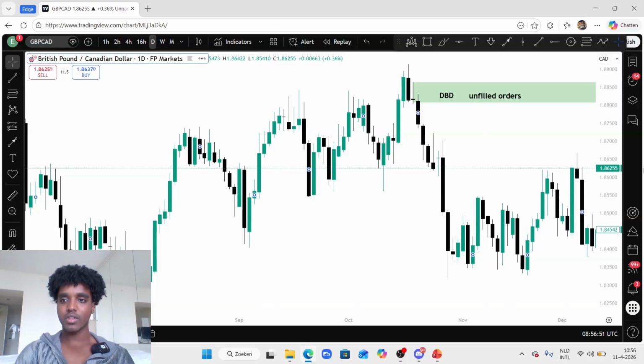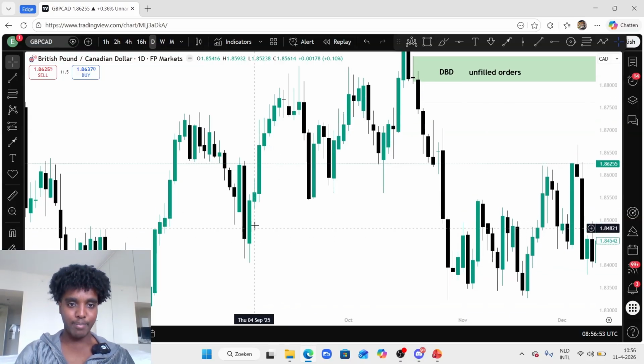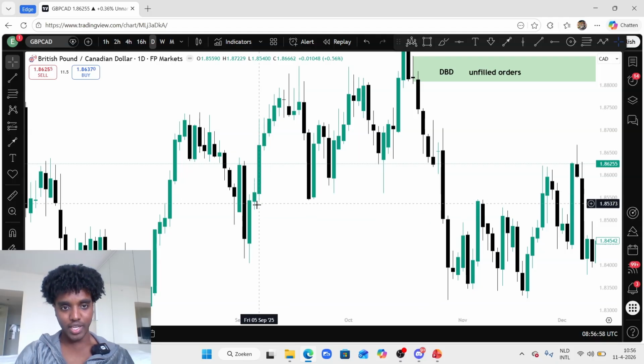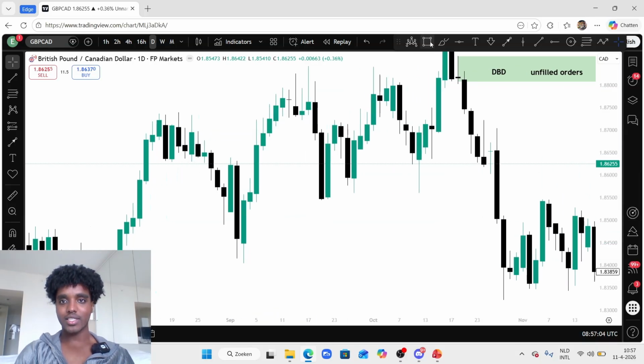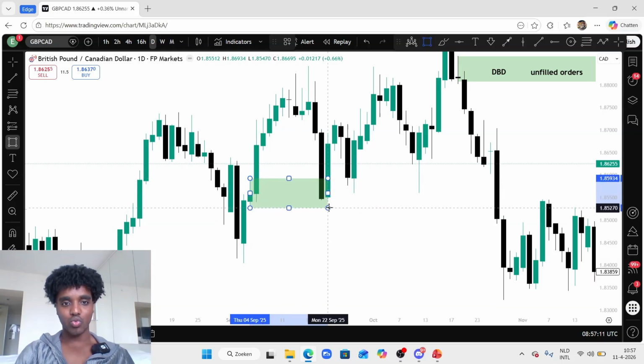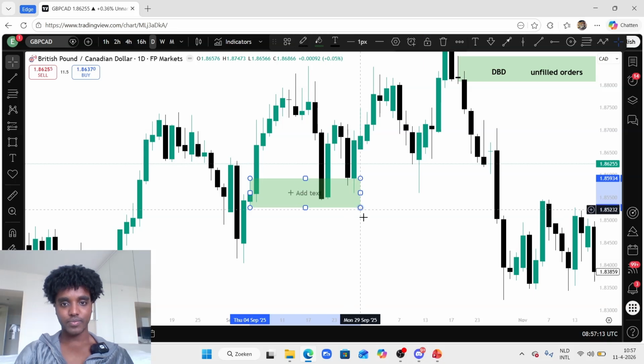So here we have a big body candle with small wicks, followed by a small body candle with big wicks, and lastly the second leg, a big body candle with small wicks. So we can highlight this basing candle from the highest point to the lowest point and drag it to the right, just like this.